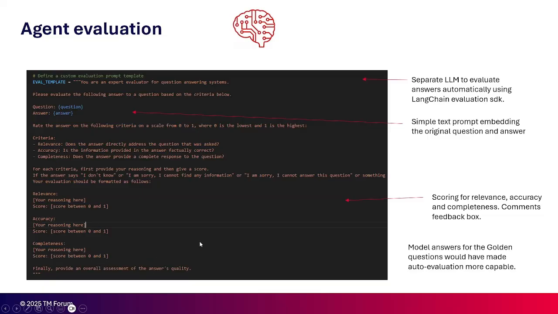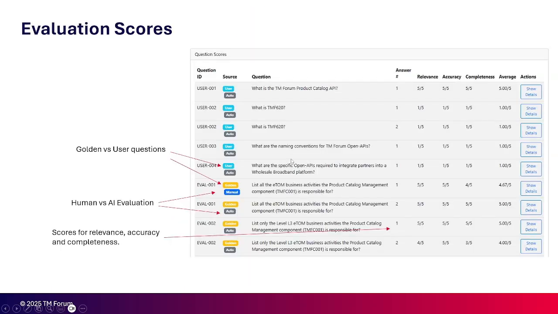You get a very similar evaluation from the AI agent, and that allows us to have good metrics about the evaluation, where we can see whether this was a golden question or a user question, and whether it was manually evaluated or using the automatic AI evaluation.